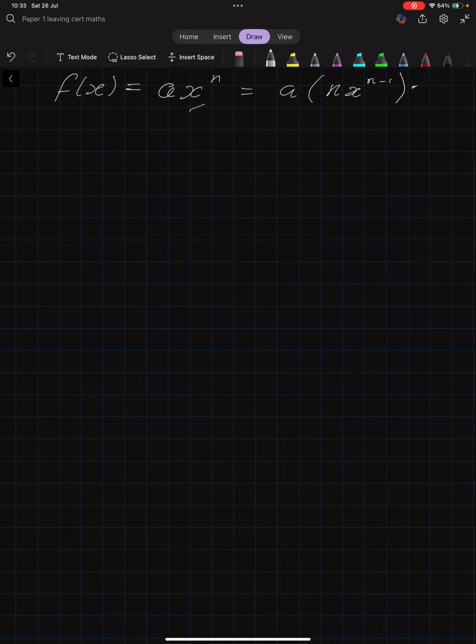So let's say f of x is just going to be 9x to the 7 plus 4x cubed. And I ask you to get f prime of x. Remember, you just ignore the 9, you bring the power down, and you divide it by x.